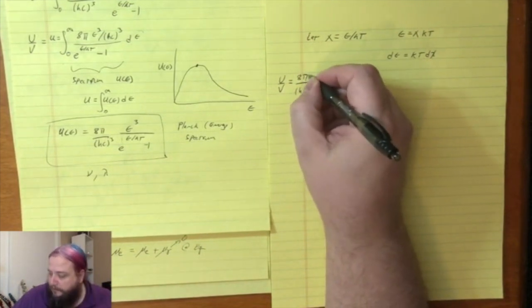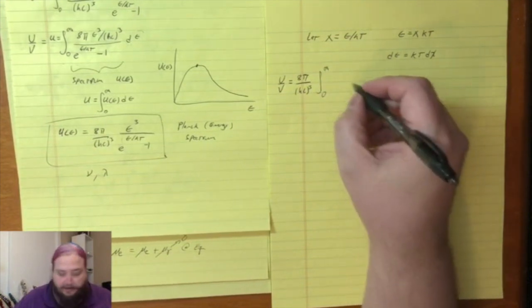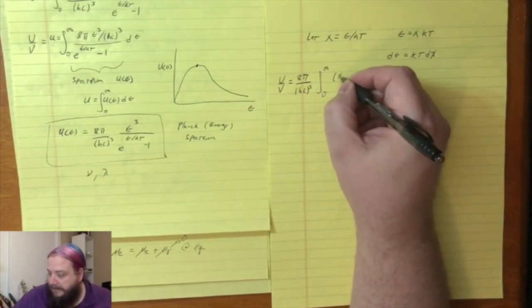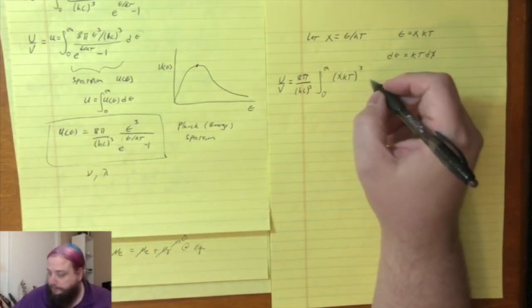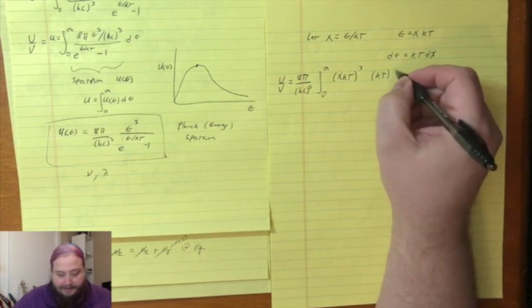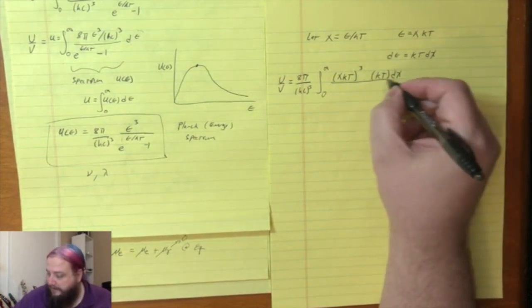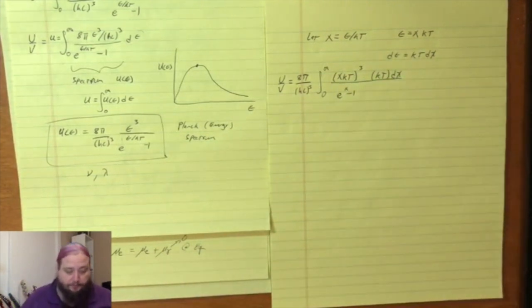hc cubed times the integral from 0 to infinity of xkT cubed times kT dx over e to the x minus 1.